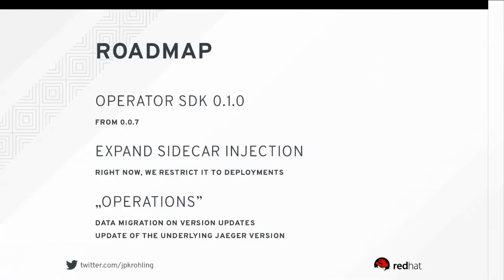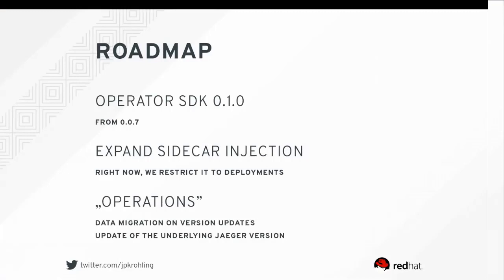And in the future, do more operations-like stuff, which is the actual purpose of having an operator, right? So one of the scenarios we have in mind is seamlessly updating the underlying Jaeger version. So if there's a new Jaeger version, patch, minor, or even major, we want to give the users the possibility of updating that automatically, because we're quite good at maintaining backwards compatibility, so at least a patch level update should not be a problem.